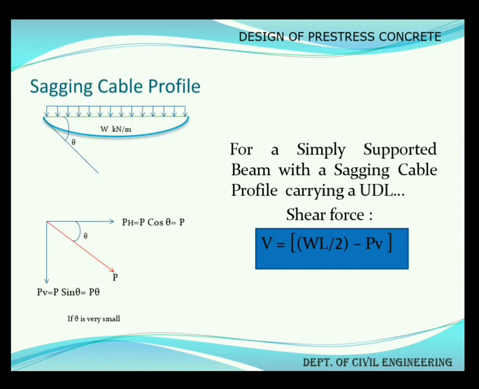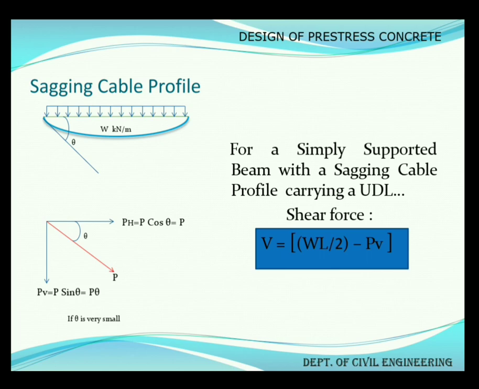Now next, when we have a sagging cable profile or a curvature profile, we have an angle theta. Hence the pre-stressing force P gets divided into two components, one along the horizontal, the other along the vertical. The horizontal component is given by PH is equal to P cos theta, whereas the vertical component is given by PV is equal to P sin theta.